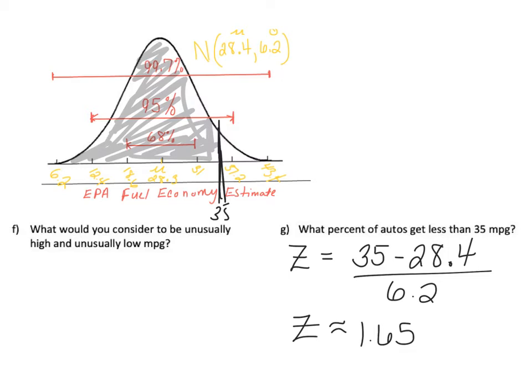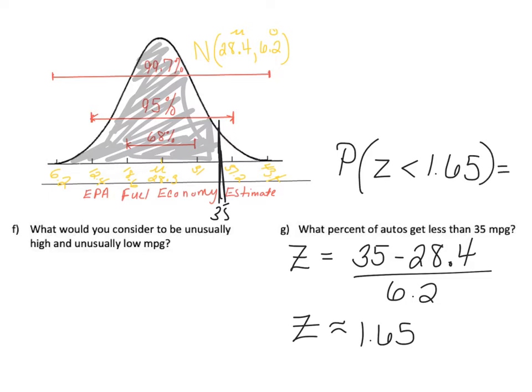Now I'm really asking myself, what proportion, or what percent, of values have a z-score less than 1.65? So there's the notation I'm going to use.